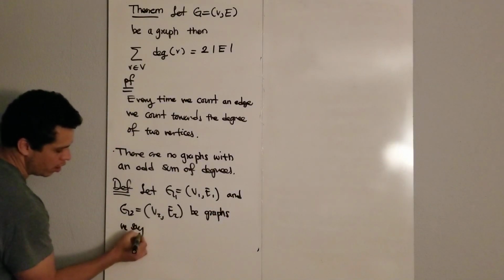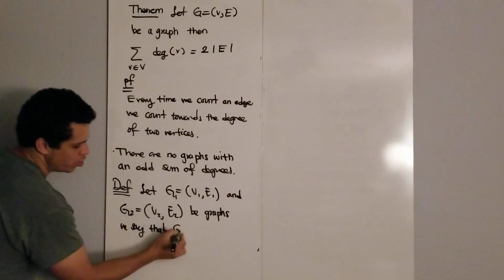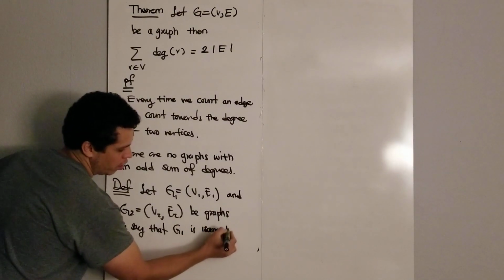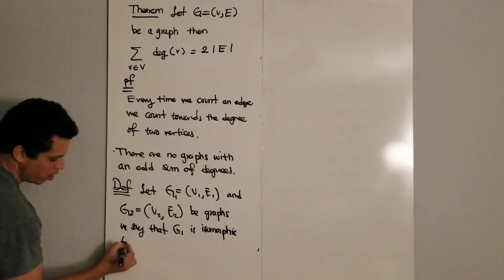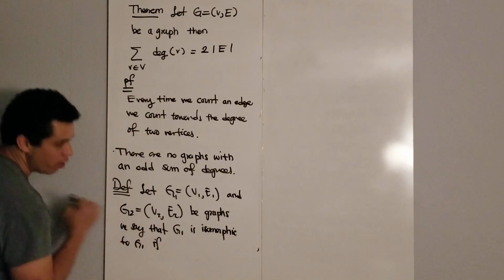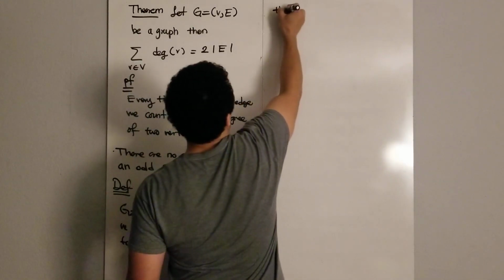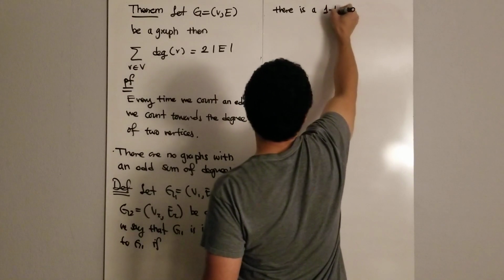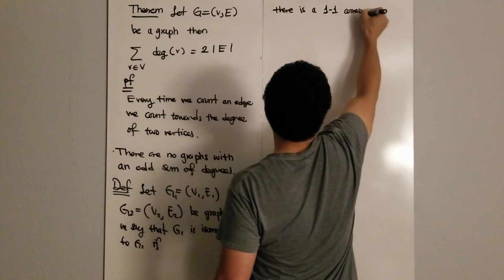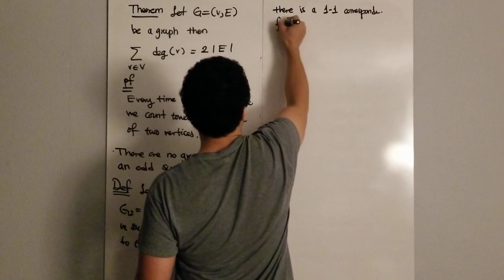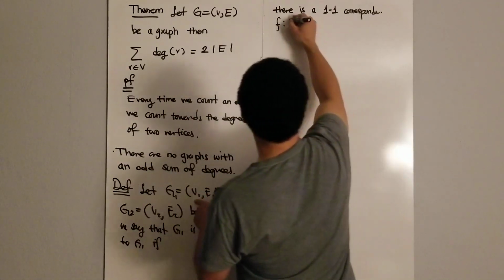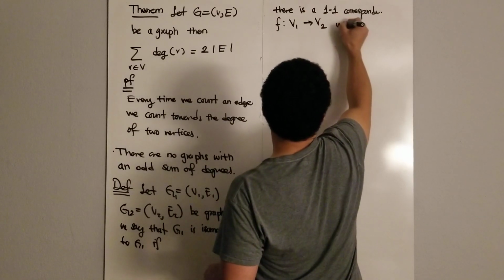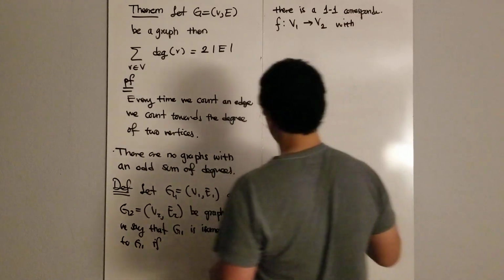We say that G1 is isomorphic to G2 if there is a one-to-one correspondence f from the set of vertices V1 to the set of vertices V2 with the following condition.